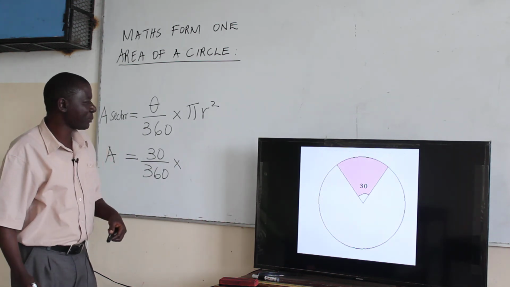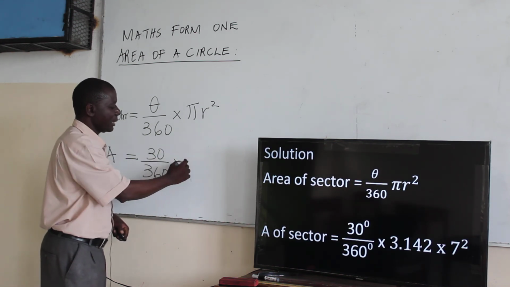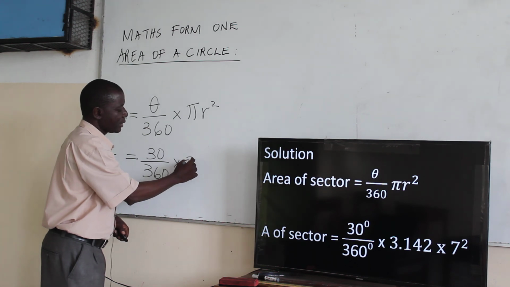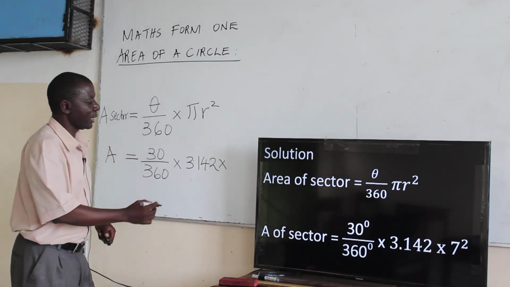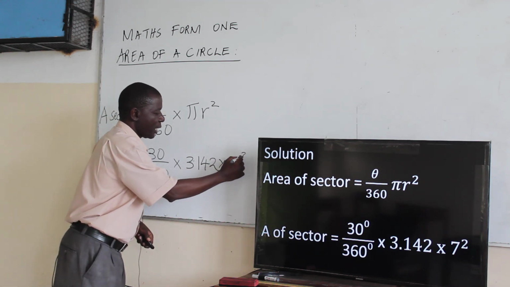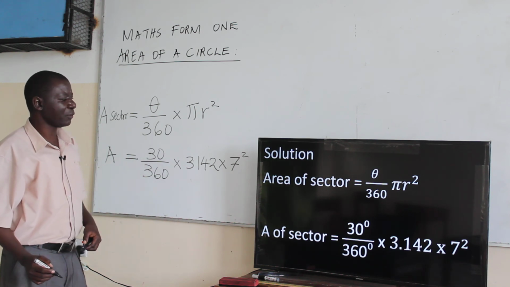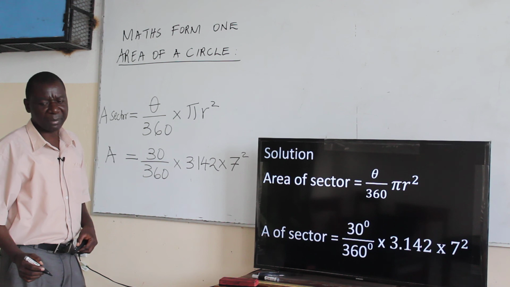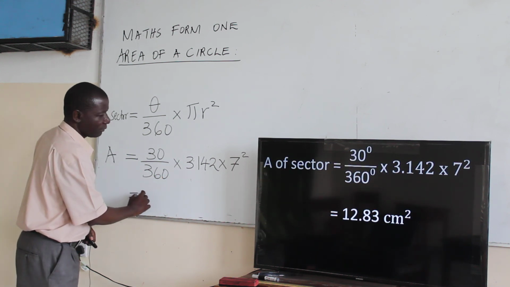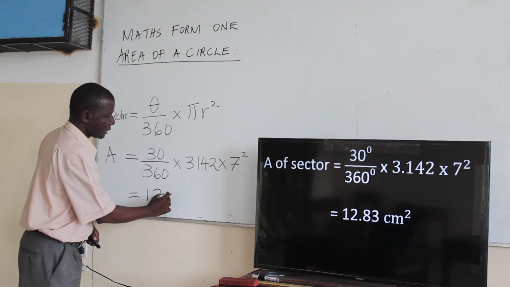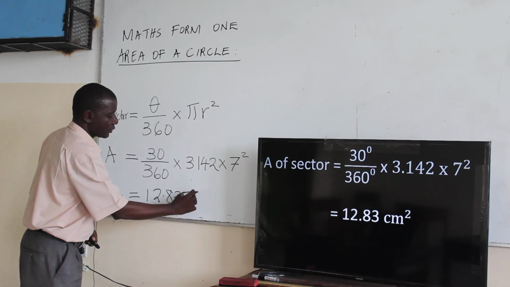And simply then we multiply by the area of the circle, which is pi, 3.142, times the radius of that part of the circle, 7 squared. So if we do that, we get a fraction of the circle, and then we multiply by the area of that whole circle, and simply this is going to give us 12.83 centimeters squared.